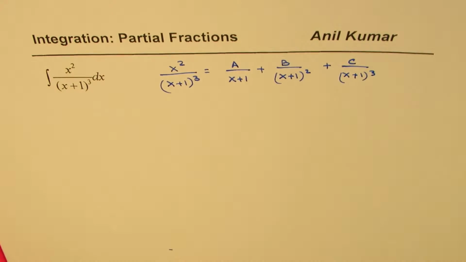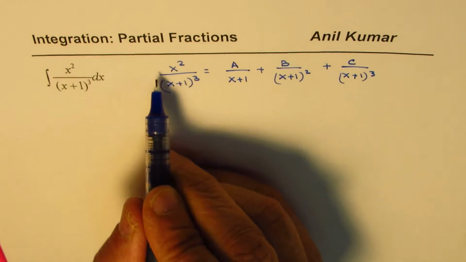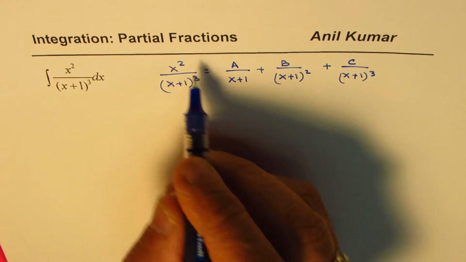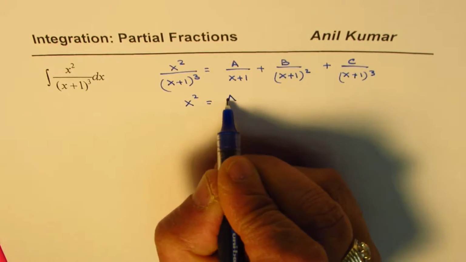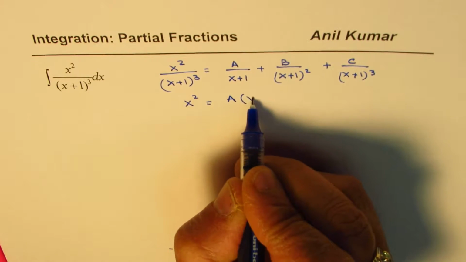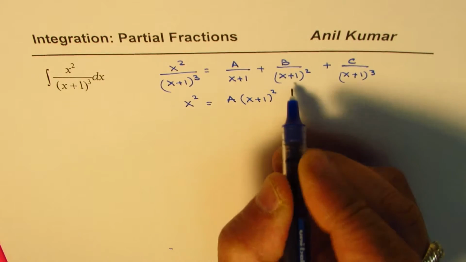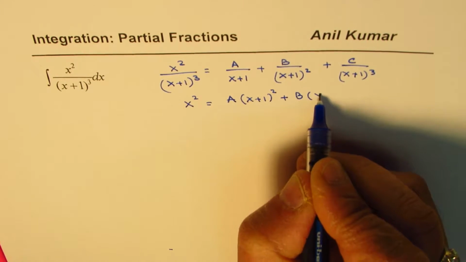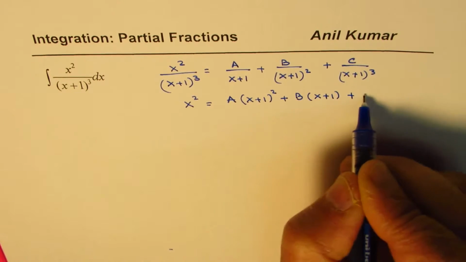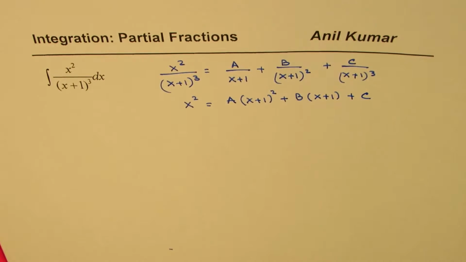That is how I can write it. Now if I multiply both sides by (x plus 1) whole cube, I get x squared equals A times (x plus 1) whole square plus B times (x plus 1) plus C. That is what we get.